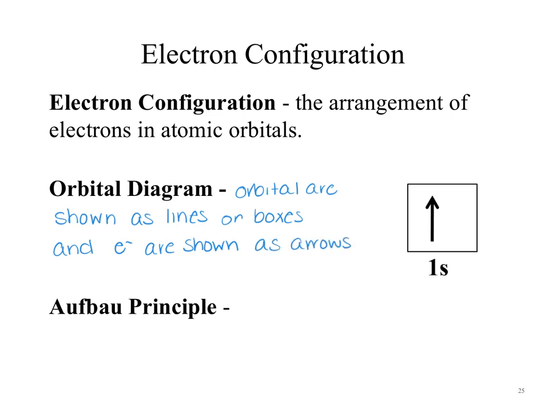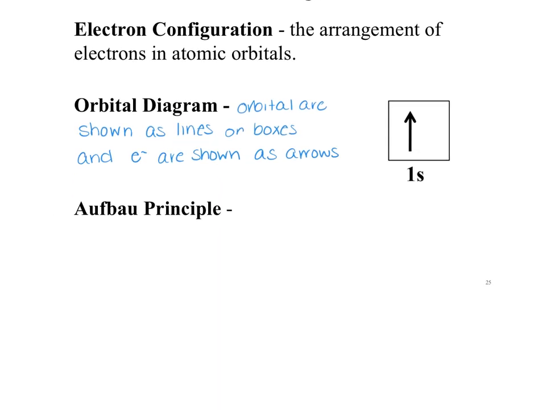Now, when we make these electron configurations or orbital diagrams, we have some rules that we have to follow. The first rule is the Aufbau principle, and it says that electrons fill the lowest energy orbital first.